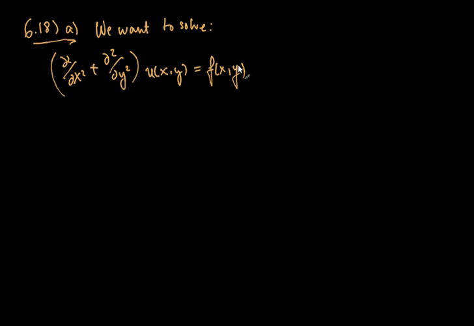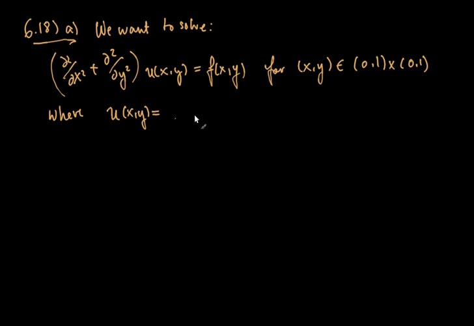And we want to solve this for x and y on the unit square, where u of x comma y is equal to 0 on the boundary of the unit square.